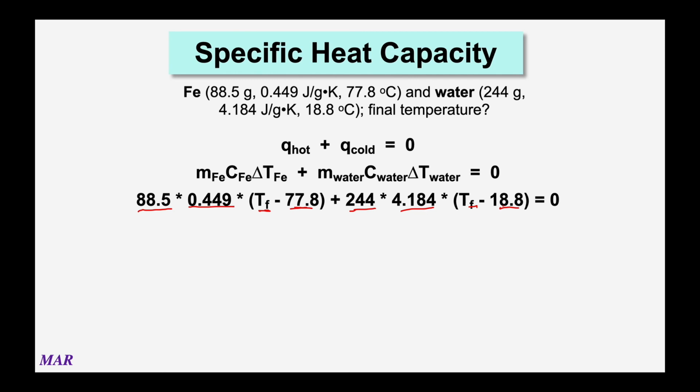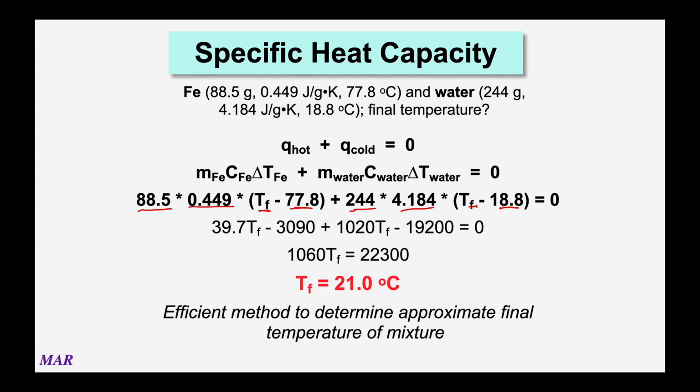And all of that equals 0. Now, this is an equation with only one unknown. So what we want to do is get all the terms for TF on one side of the equals, and then all of the numbers on the other side. And from there, we can solve for TF. And remember, our final answer should be larger than 18.8, but less than 77.8. Hot and cold makes warm.